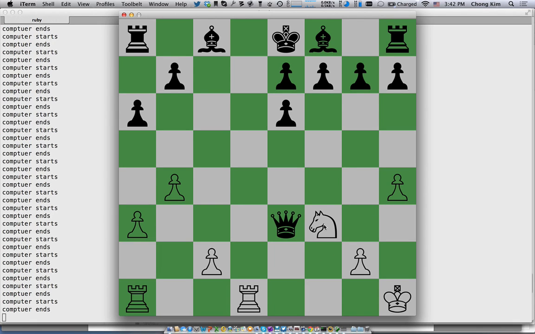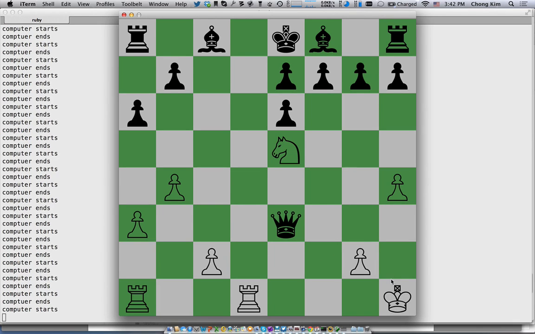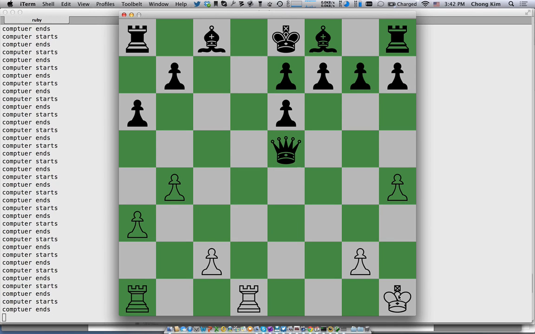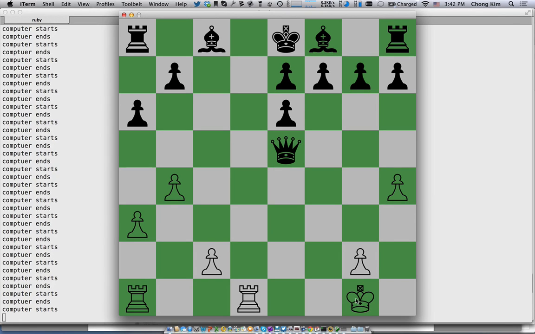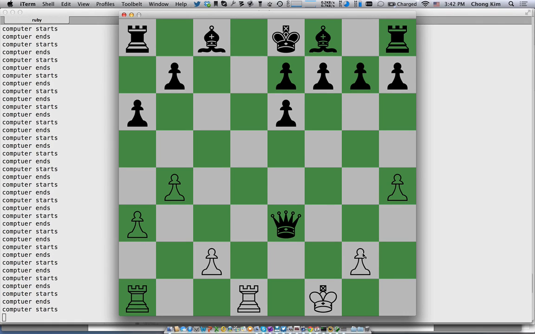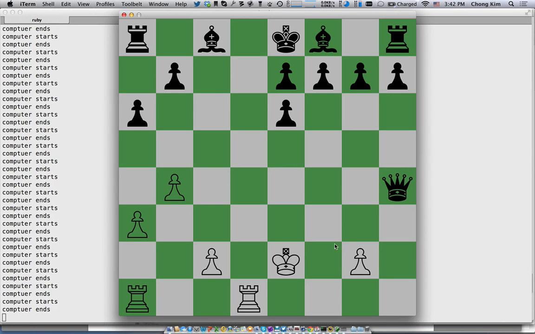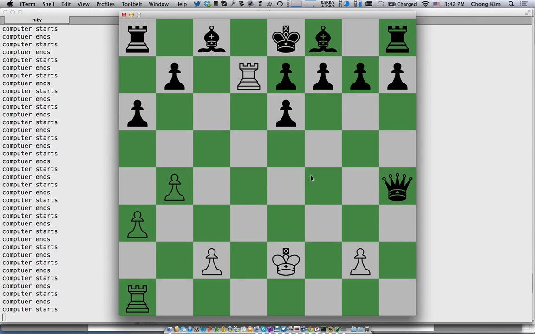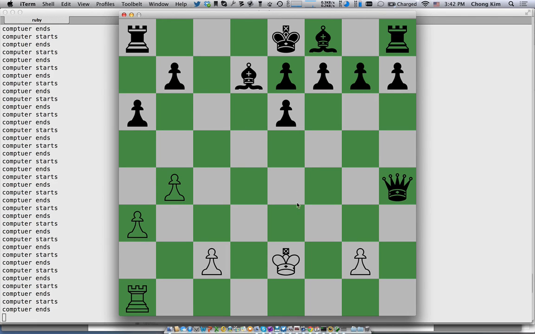Yeah. All right, so I'm going to lose some more pieces, and I'm going to bring my king into the open. Okay. Check. Ah, it's giving me a check because, oh, and it took a piece. Yeah, that would be better. Let's see which piece it would take it with. Okay, so now it's got a bishop there.